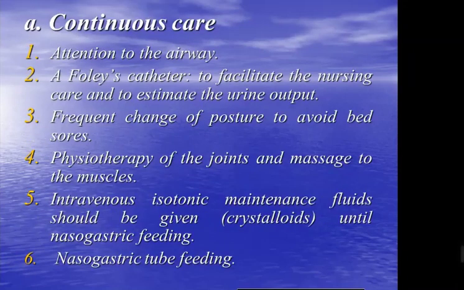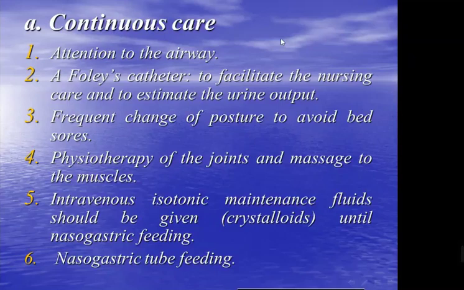Continuous care means not only the early ABC, but also continuing to observe the patient even if I decide to treat him conservatively. For example, the patient has only brain edema, no fracture, no hematoma.